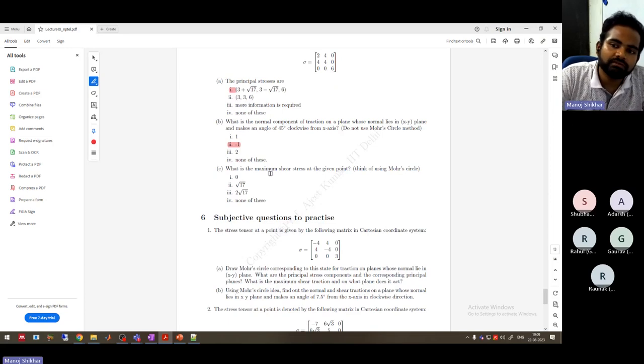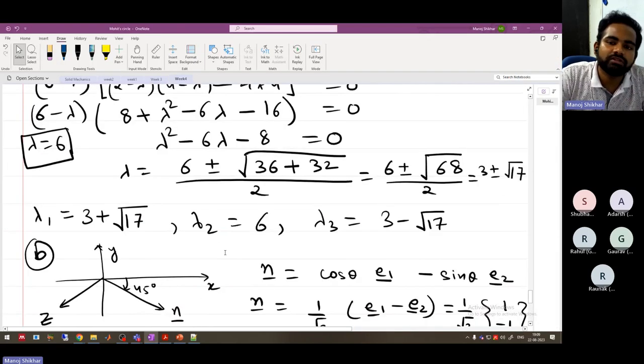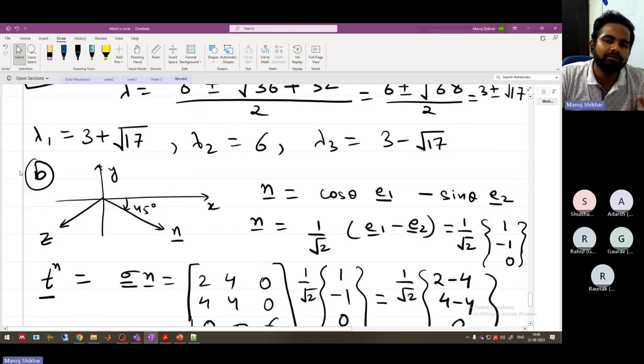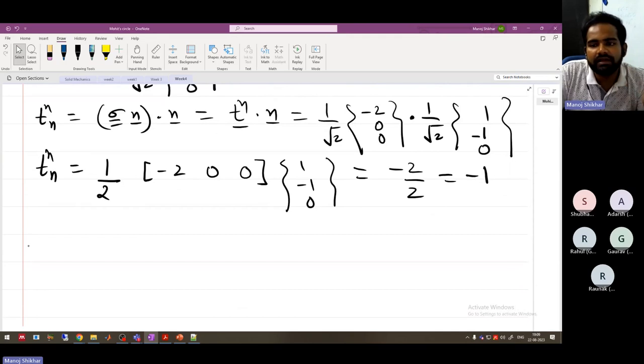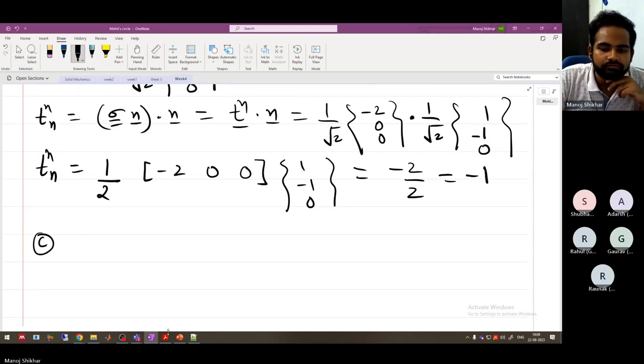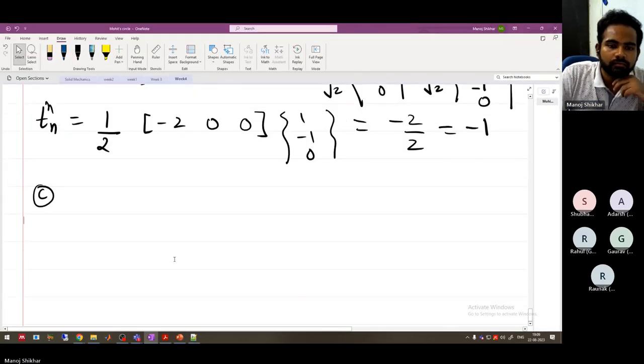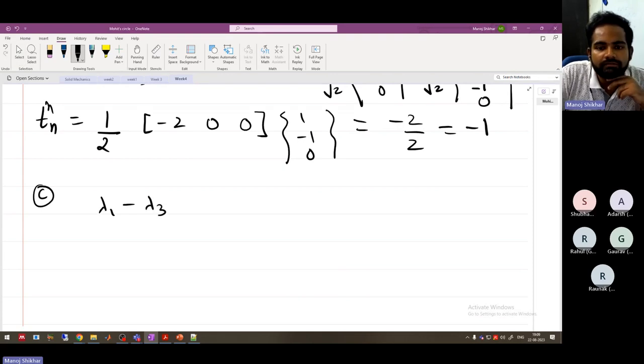Now they're asking what is the maximum shear stress at the given point. How do you find the maximum shear stress at the given point? They have written that you can use Mohr circle, but if you think, you will be able to find that lambda1 minus lambda3 by 2 gives me the radius of Mohr circle, and that is also the value of the maximum shear stress. So the answer C is lambda1 minus lambda3 by 2.